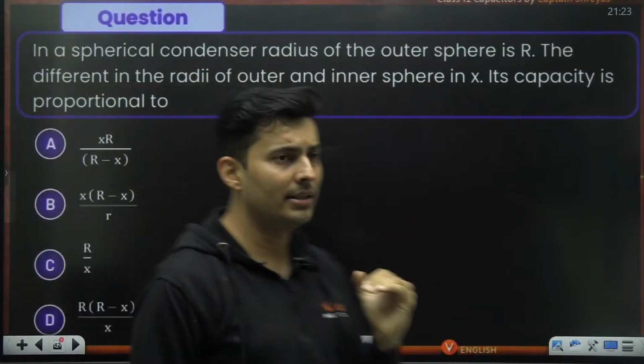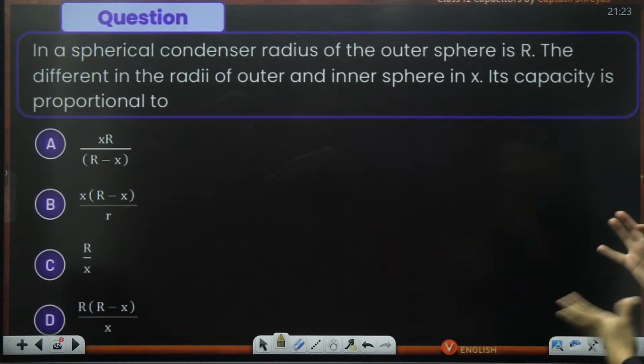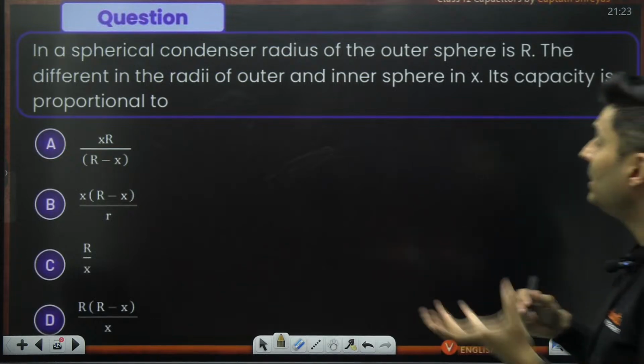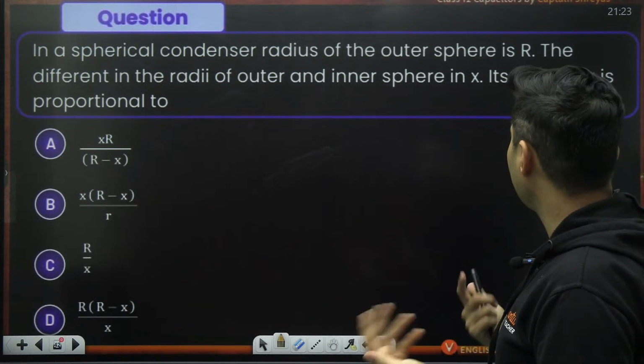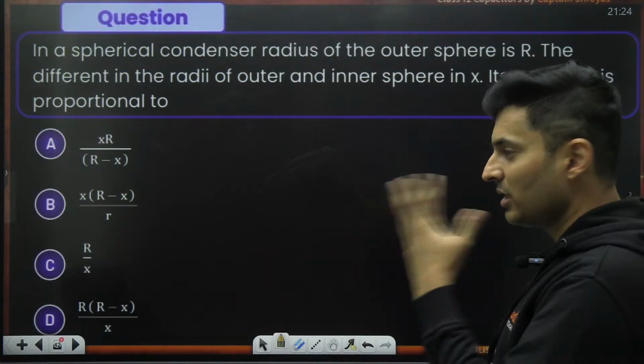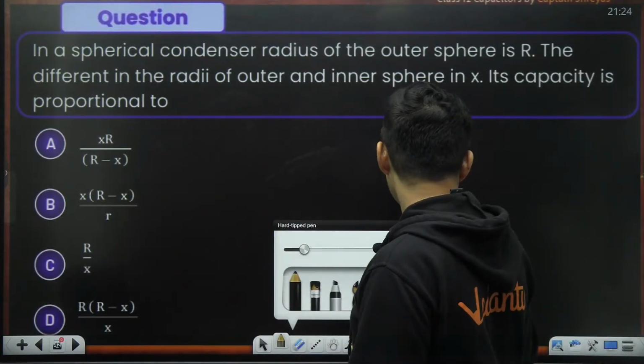In a spherical capacitor, if the radius of outer sphere is R, the difference in the radii of outer and inner sphere is X, the capacity is proportional to. I think direct formula question.